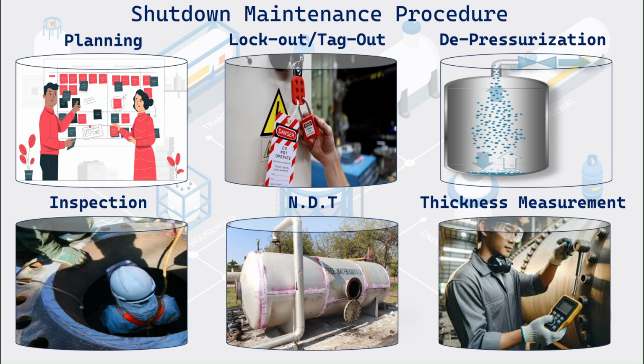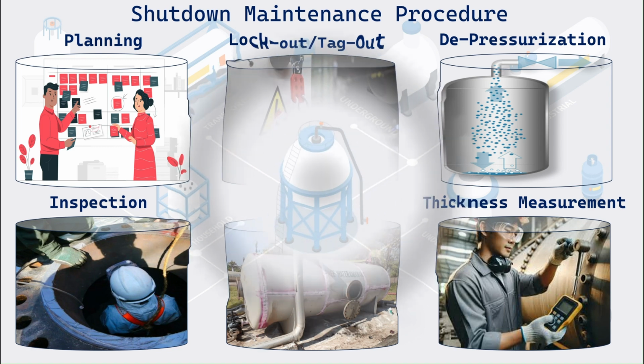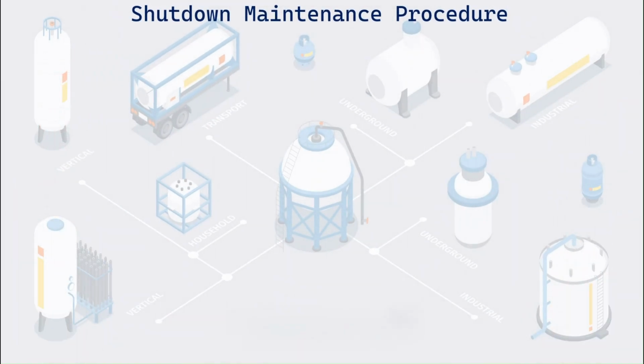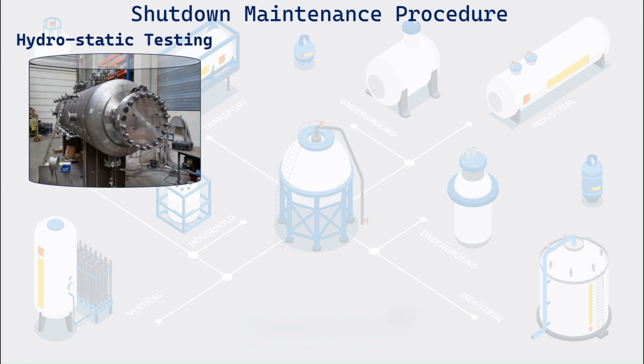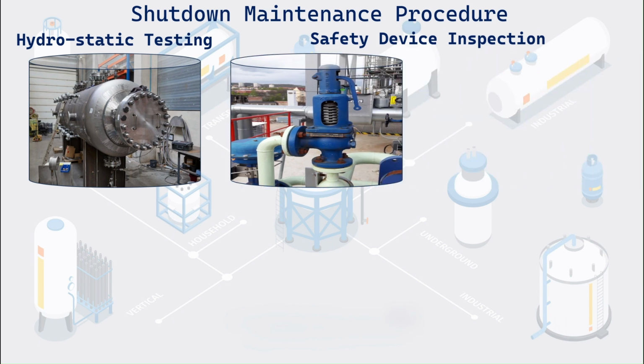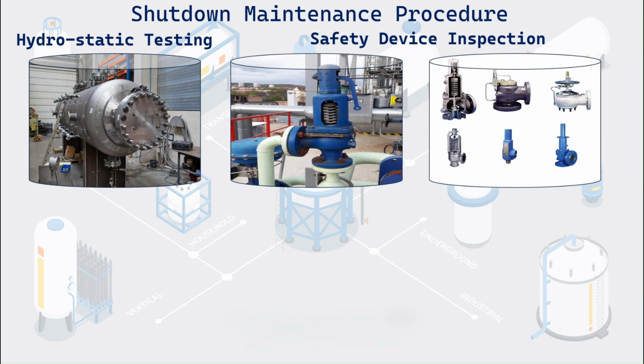Check the wall thickness to ensure it meets minimum requirements as per the equipment design specifications. Hydrostatic testing. Fill the vessel with water and gradually pressurize to check for leaks and structural integrity. Safety device inspection. Inspect and test all safety valves and relief devices for proper operation.